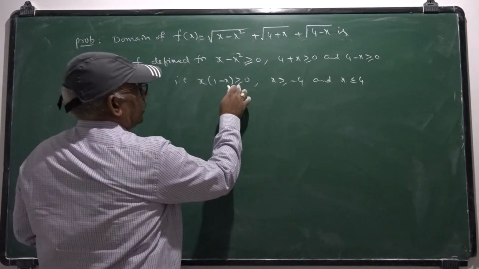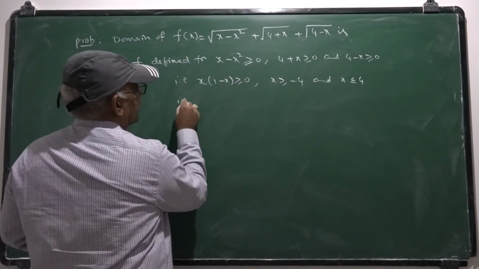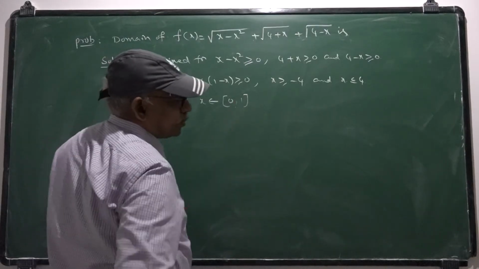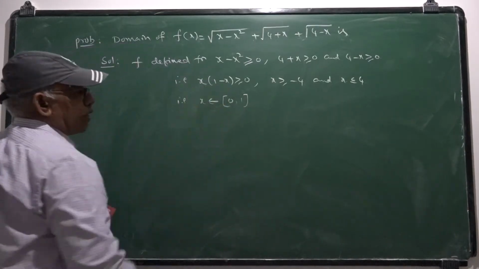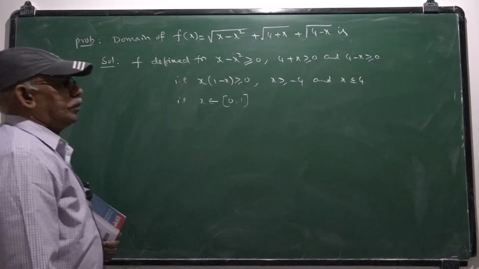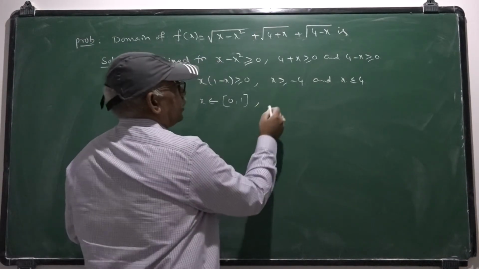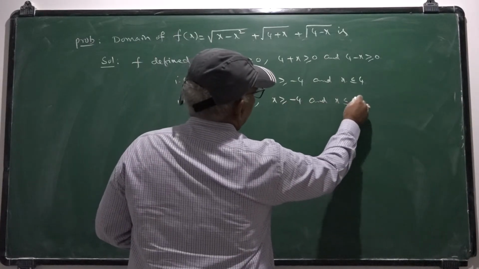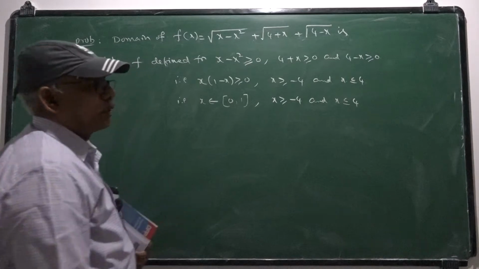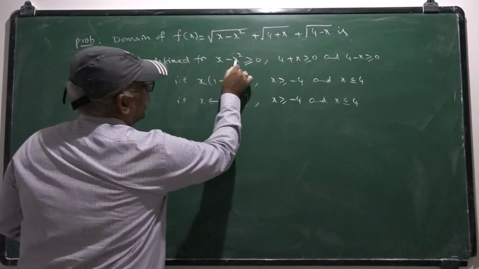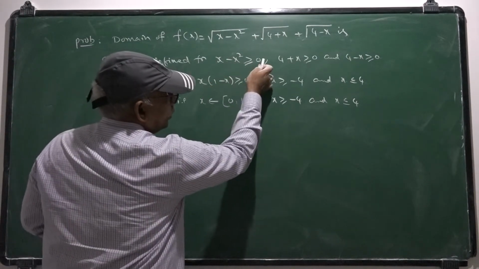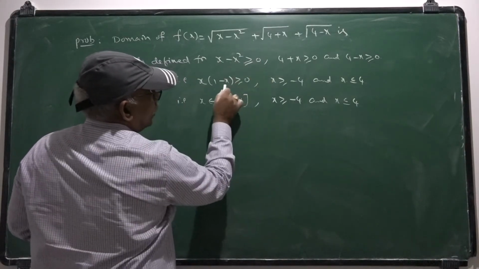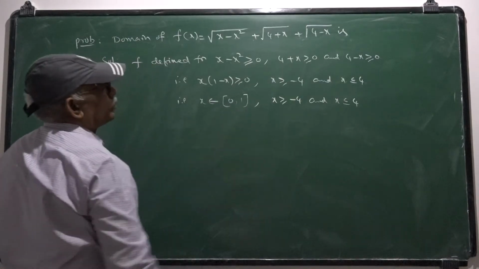X into 1 minus x greater than or equal to 0 means x belongs to 0 to 1. X lies between 0 and 1 only. This is valid for x greater than or equal to minus 4 and x less than or equal to 4. Once the x square coefficient is negative, expression is positive once these two are taking opposite signs; x lies within the roots.